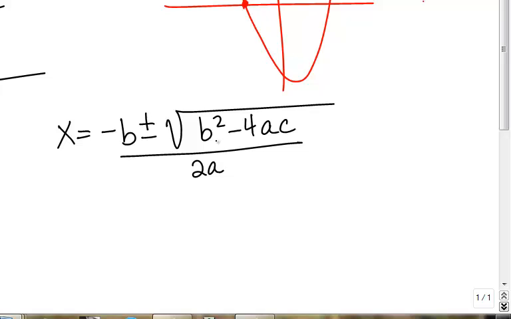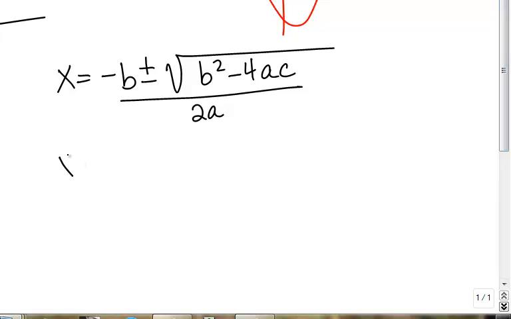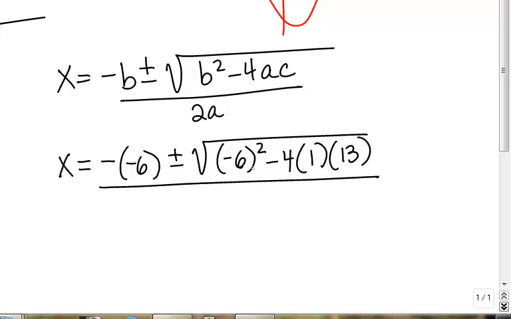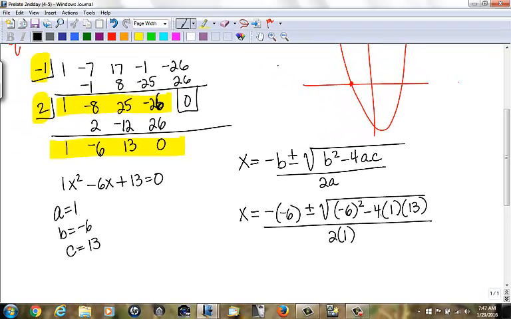Okay, now sub in. It's the opposite of -6, plus or minus the square root of -6 squared minus 4. A is 1, C is 13, and it's all over 2 times 1. You agree with that, subbing in?